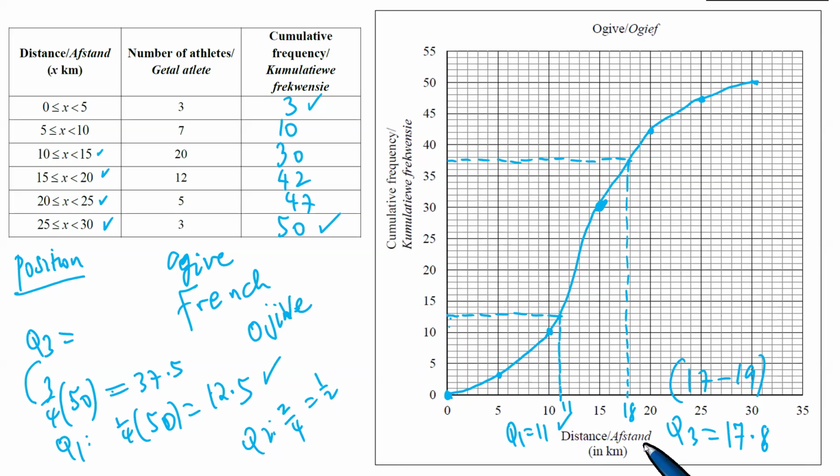So what do you then do? Because this one is grouped data, you just look at 3 over 4 for Q3, or you can just say 75% of the total for the cumulative frequency. So if you say 3 over 4 of 50, then you get 37.5.